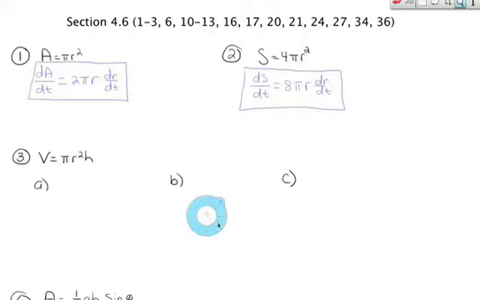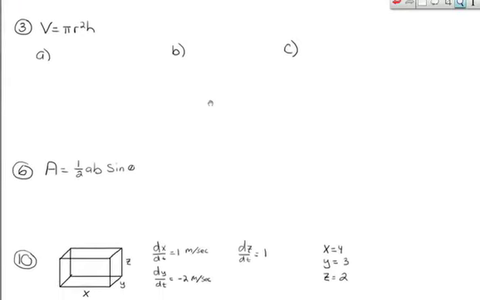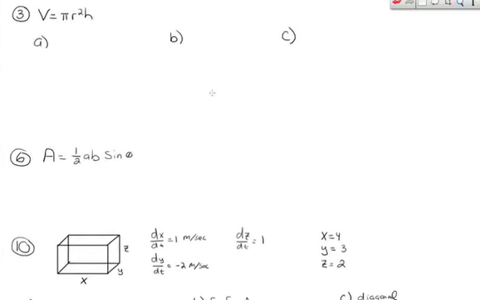Question 3, part A, says how is dV/dt related to dh/dt if r is a constant? So for the sake of this problem, r is just like the number 2 or 3. We're not taking the derivative of it. It's a constant. So we have the pi r squared as a constant.